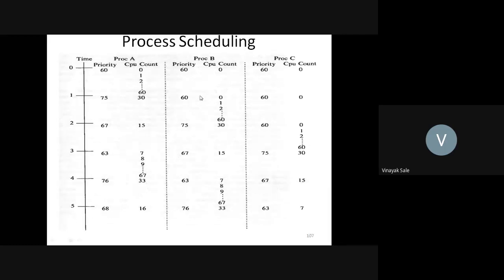Then the next 60 seconds of time is given to process B. While executing process B, process C's CPU count is 0. Here the base time is 30.